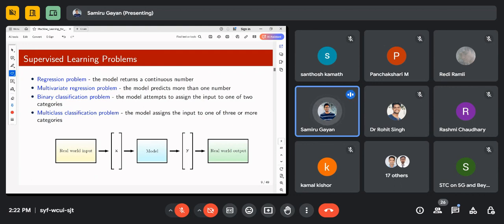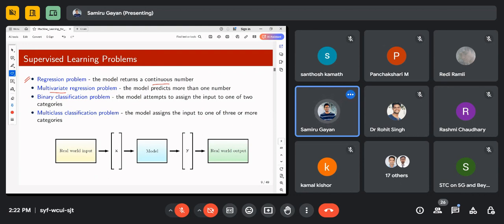We'll see that later. Regression: the model returns a continuous number. If I need to predict a continuous number as the output, it's a regression problem. On the other hand, it can be a multivariate regression problem if I need to predict more than one continuous output variable.